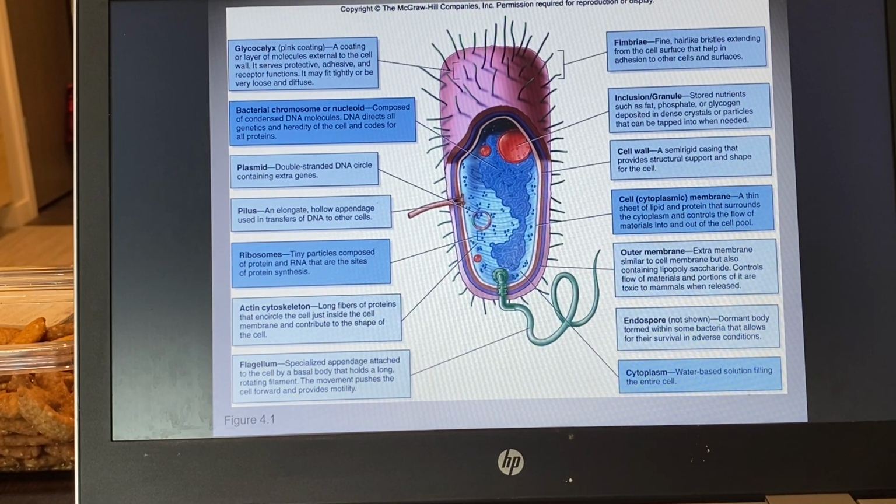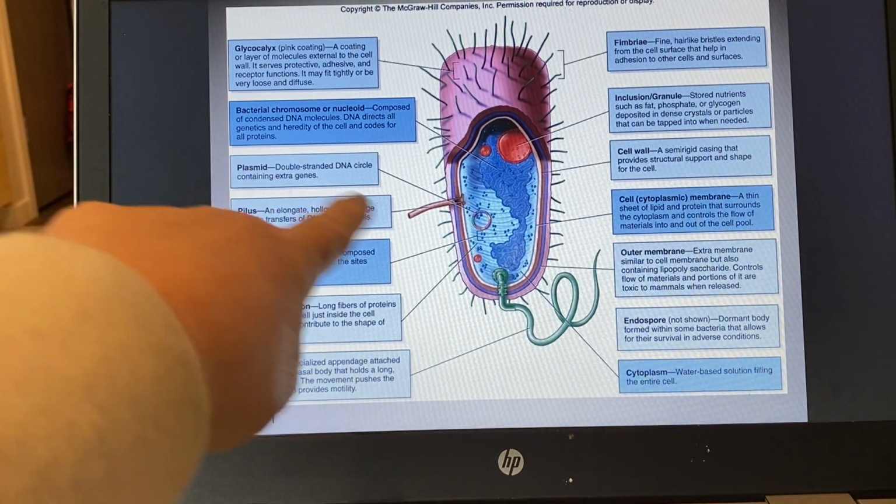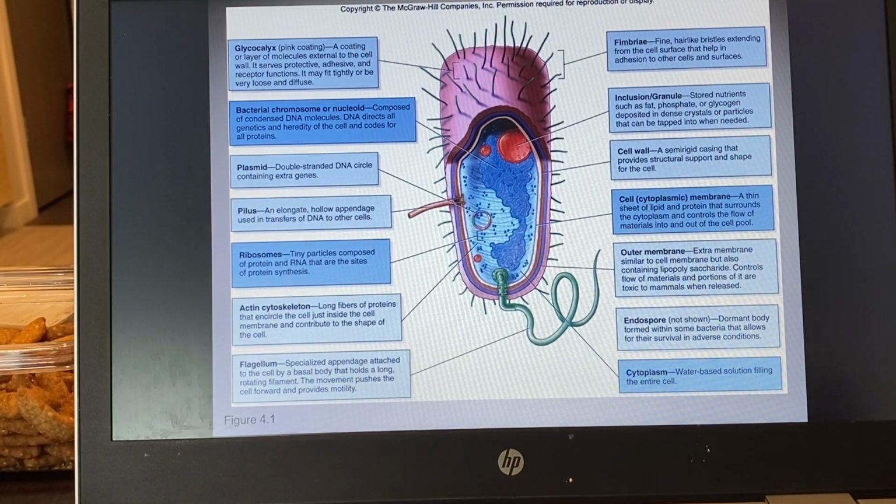A bacteria can have no plasmids and be absolutely fine. It's not going to hurt it. But sometimes they get those little extra pieces of DNA and pass them back and forth, and that is one mechanism of how bacteria develop antibiotic resistance. Okay, so I just want you to be aware of what a plasmid is.